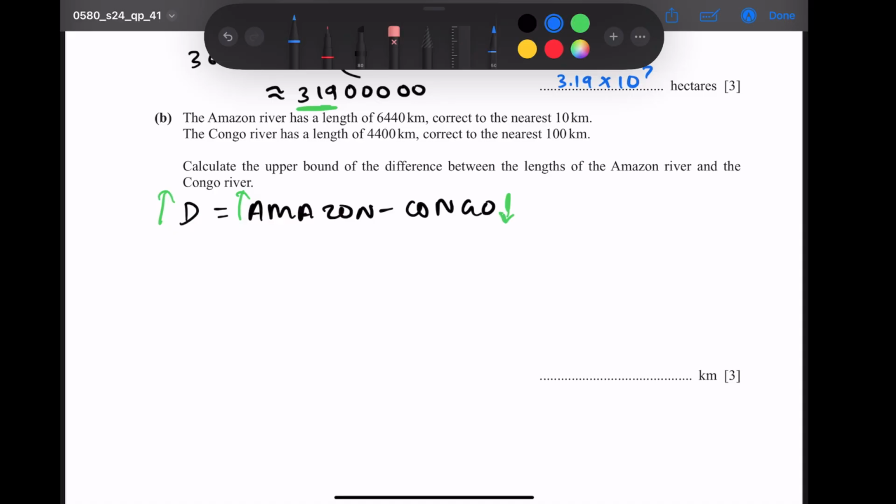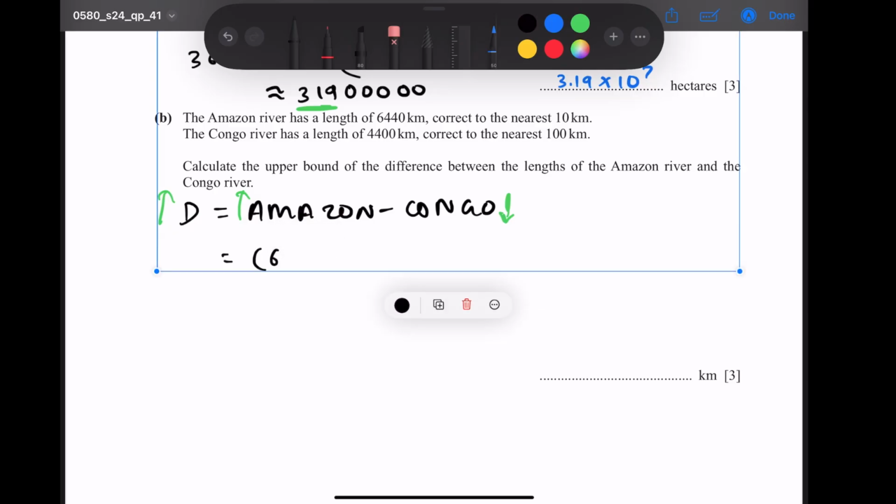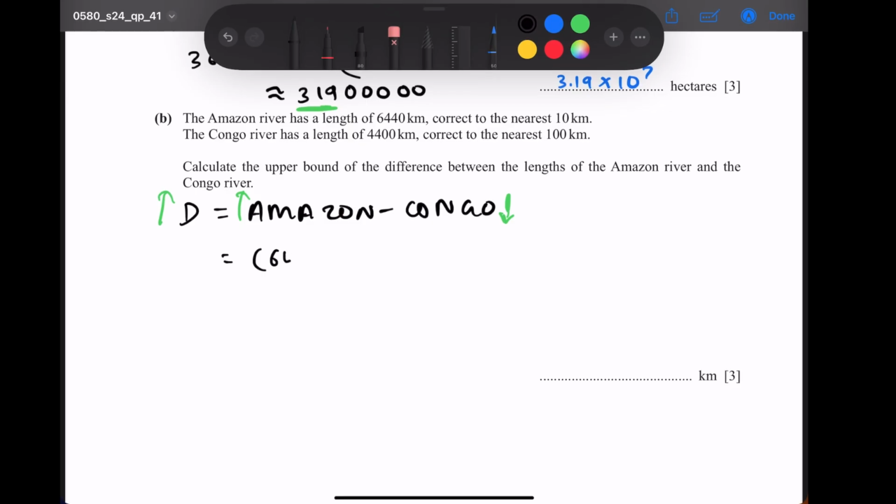So the upper bound of the Amazon River, i.e. the biggest possible value of the Amazon, would be equal to its rounded value, 6440, plus the value it is rounded to the nearest of, which is 10, divided by 2.